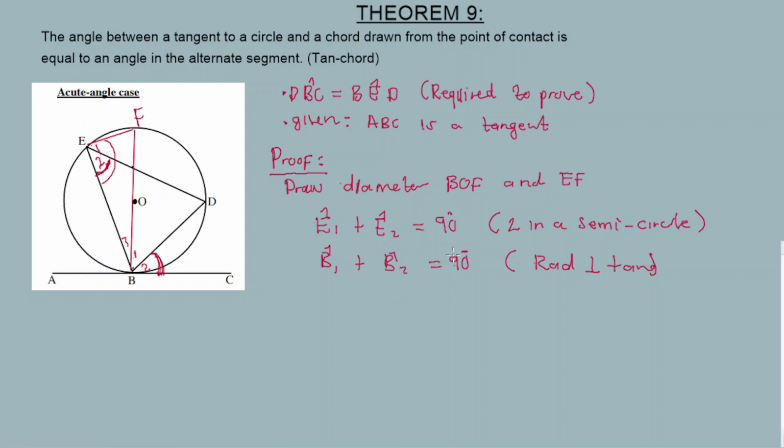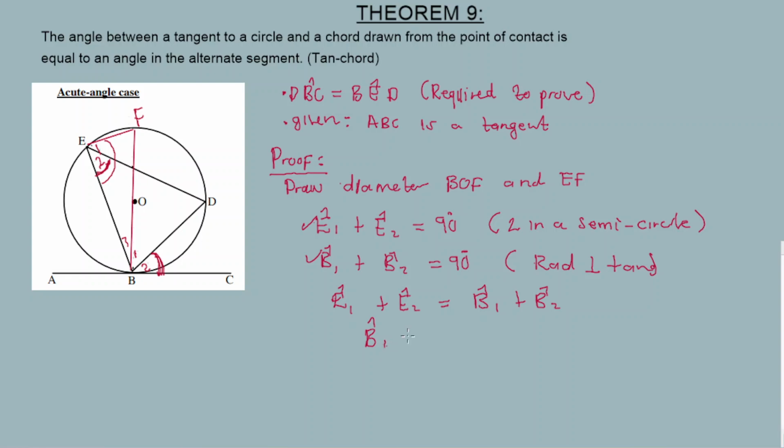So both of these angles are equal. This angle and this angle are equal. In other words, E1 plus E2 is equal to angle B1 plus angle B2, right? So they are both equal to 90 degrees. So as we equate again, we also see that there's also Theorem number 4 here.